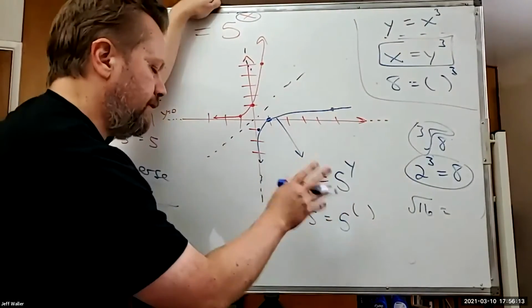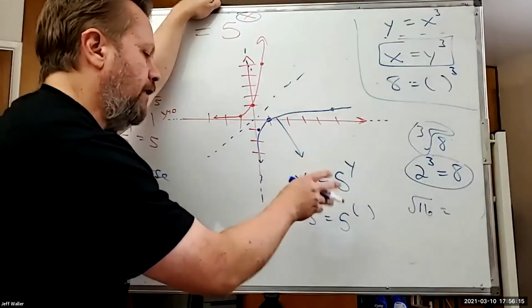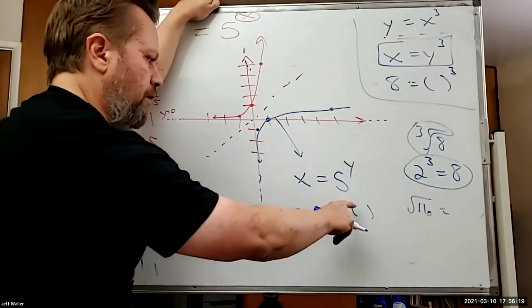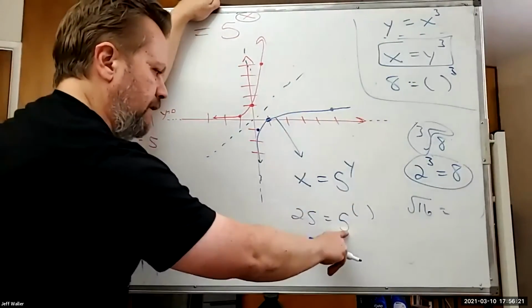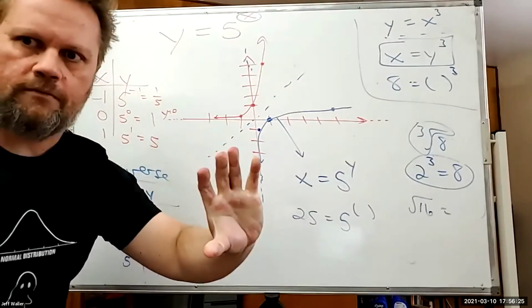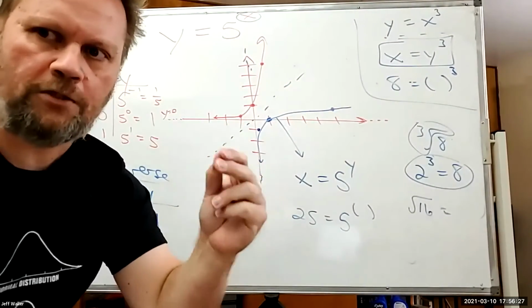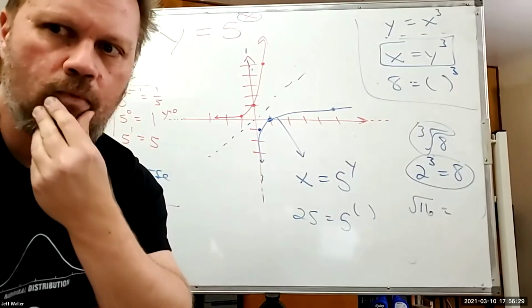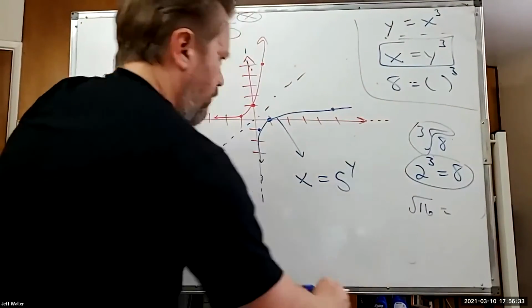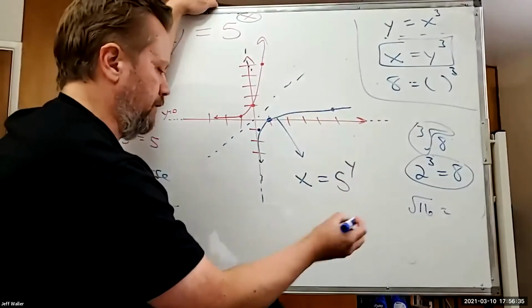So I want the sentence it stands for to be: what power does this need to become this? That's what the inverse of an exponential has to be. We already know what symbol we've come up with. I already kind of gave it away when I said it was logarithms.